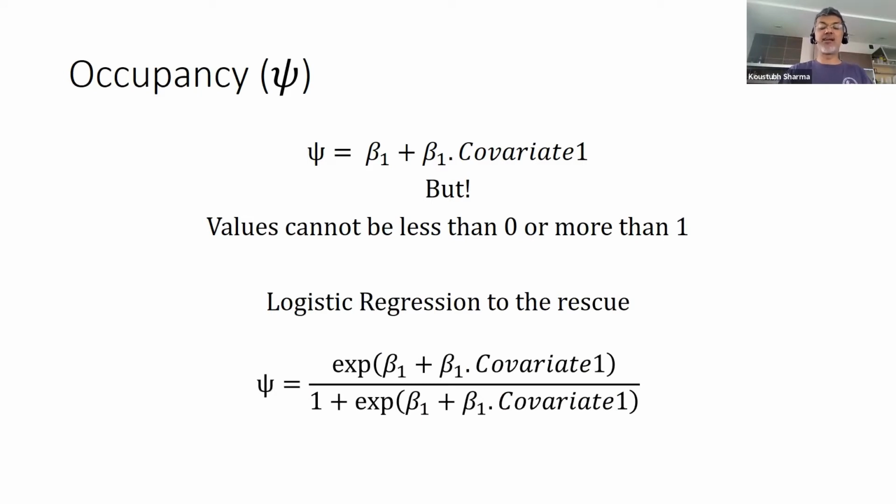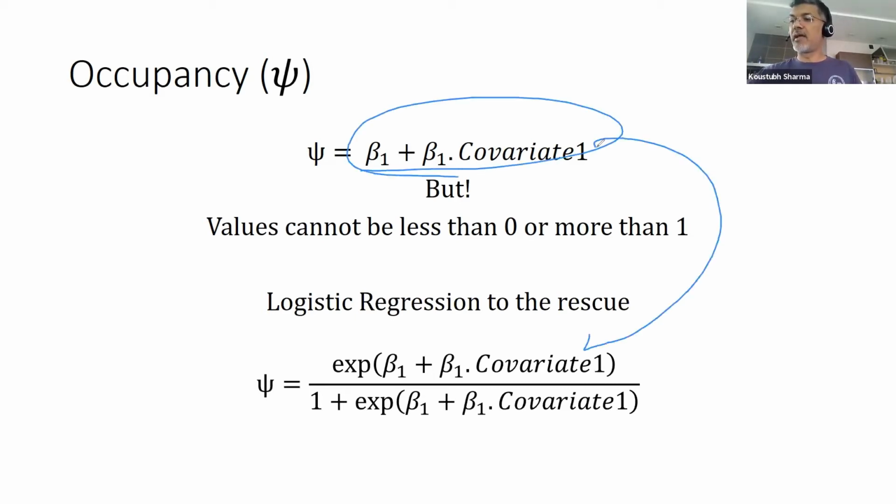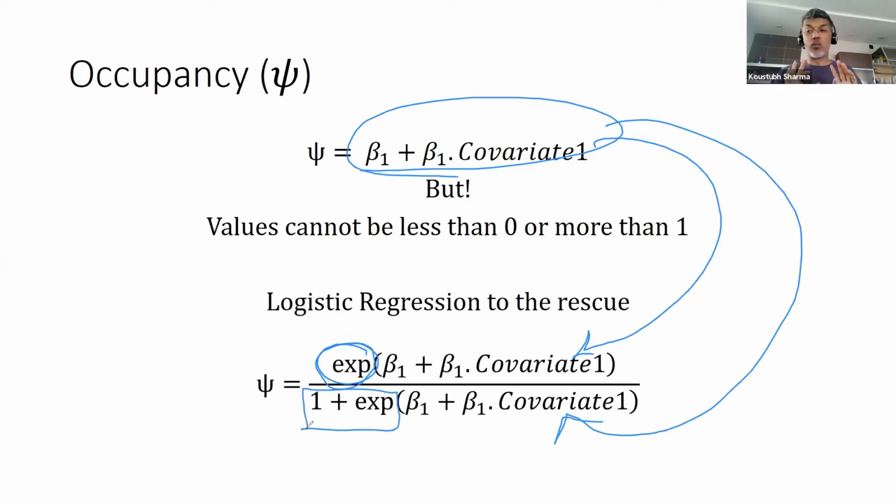It looks scary, but trust me, it's a very simple thing. All we are doing is taking the straight line equation and putting it twice. We are just dividing the exponential of that value by 1 plus the exponential of that value. That's the only difference between a straight line equation and a logistic equation.